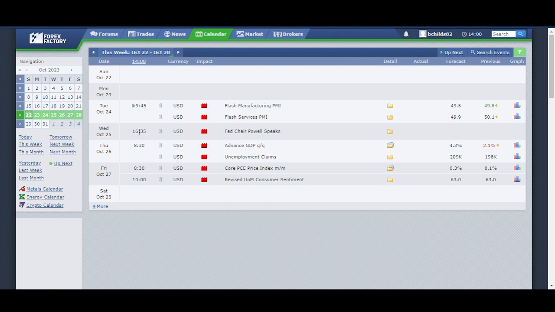So both of the silver bullet windows should be clear. Now Friday, I definitely want to make sure that I am not in the market, right, until after that 10 o'clock news hits. So I may or may not find a trade for the New York AM silver bullet window, but the PM should be fine for me to take a look at and trade.